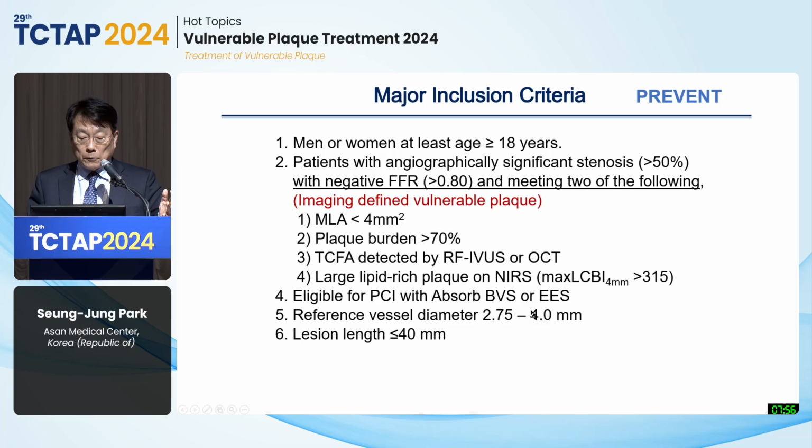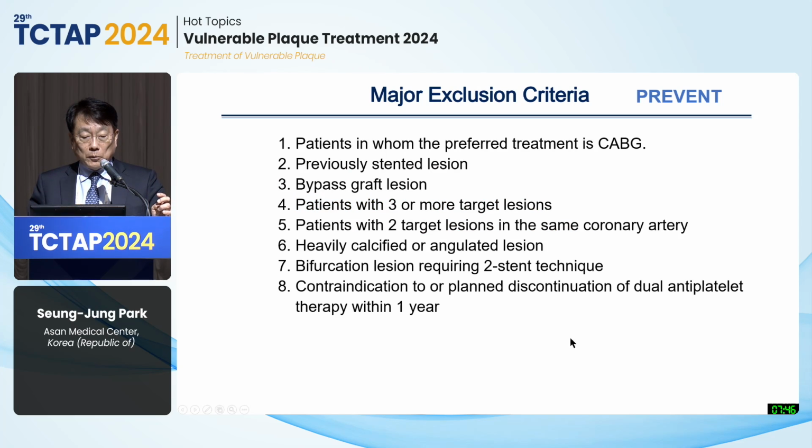We used bioresorbable everolimus-eluting stent, reference vessel diameter more than 2.75 and less than 4, lesion length less than 40 millimeters. Major exclusions were preferred treatment by bypass surgery, patients with 3 or more target lesions, 2 target lesions in the same coronary artery, heavily calcified lesions, bifurcation lesions, and contraindication to planned dual antiplatelet therapy.